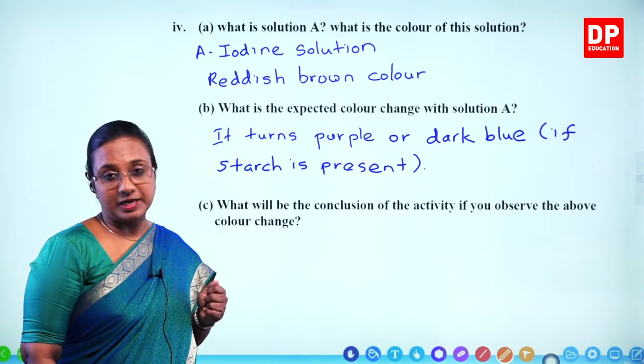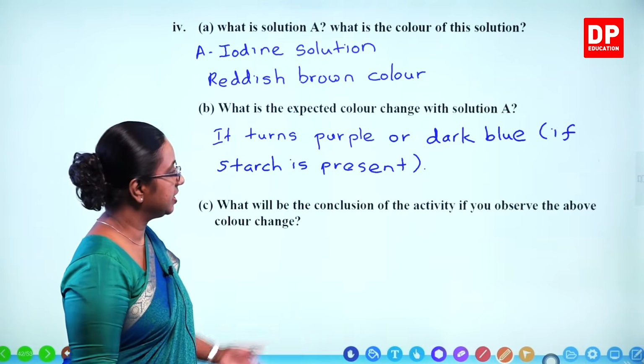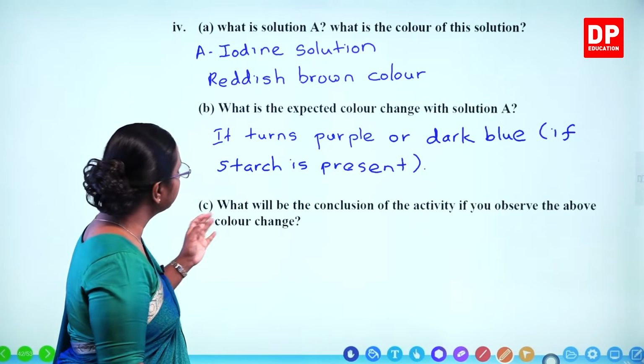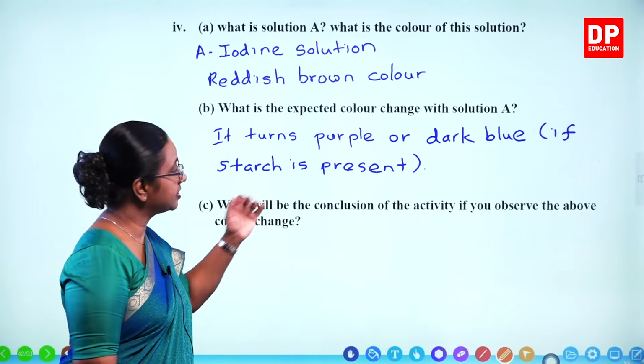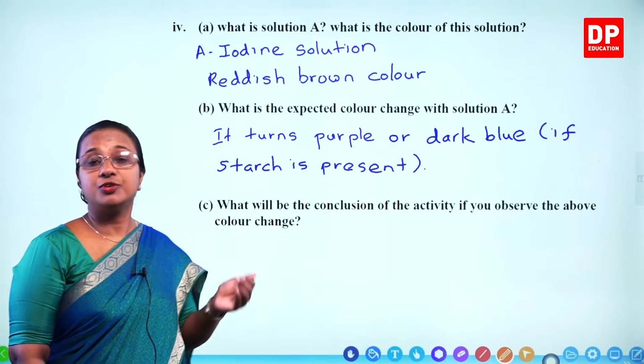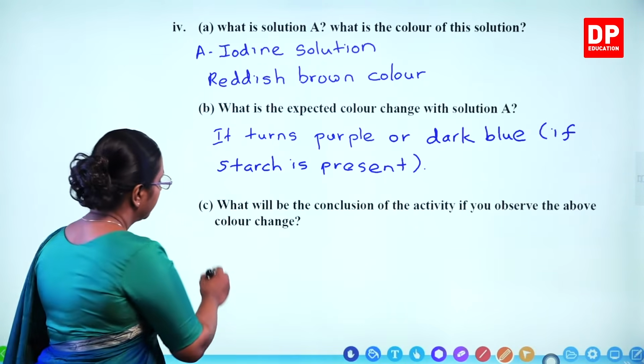What will be the conclusion of the activity if you observe the above color change? What will be the conclusion? Starch is present. Therefore, photosynthesis has taken place in the leaf.